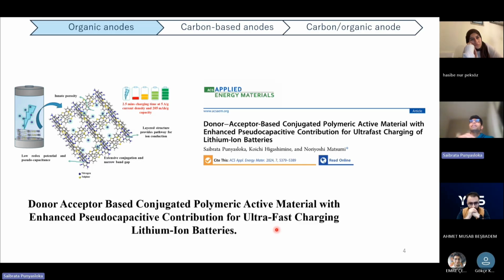If you look into graphite, there is a slide later on which I should have put in the beginning, I now realize. What happens in graphite, in the simplest sense, is: think about lithium ions as tennis balls and graphite as drawers.